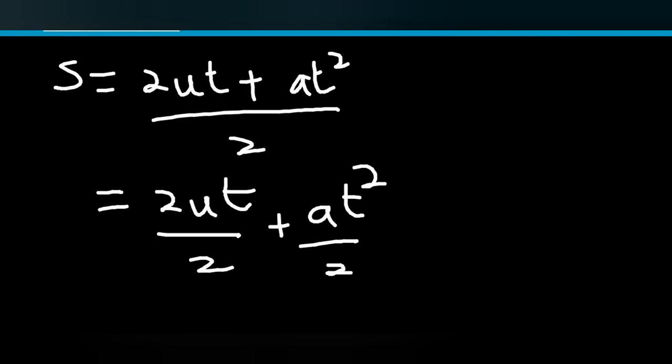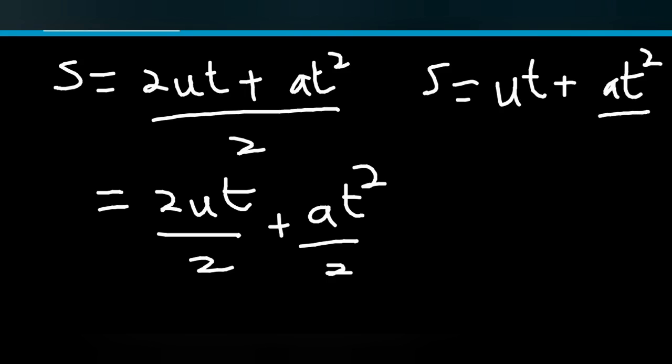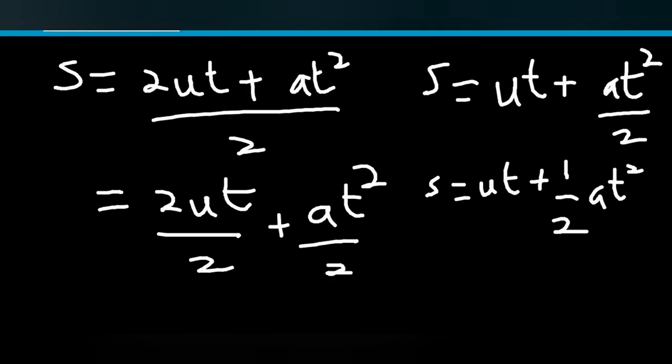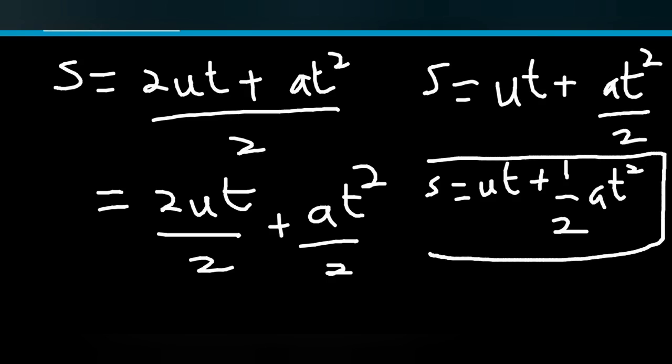And we shall have that s equals ut plus at squared over 2, otherwise written as s equals ut plus half at squared, which gives the third equation of motion.